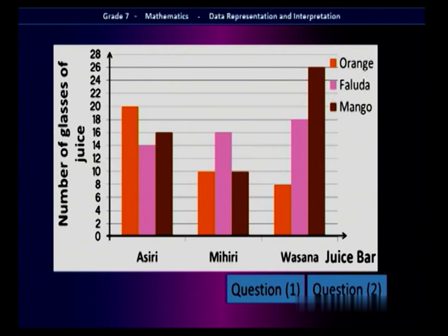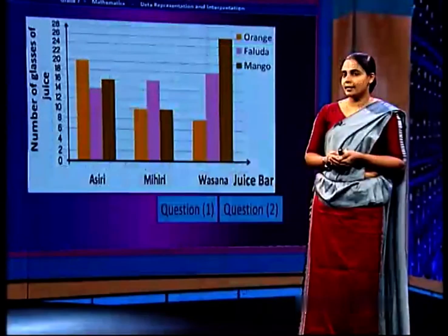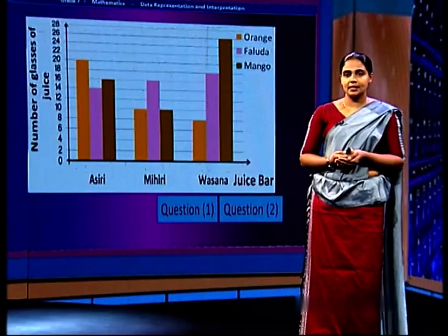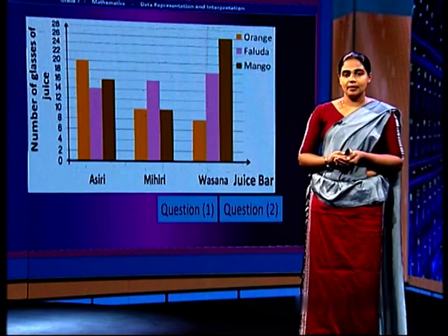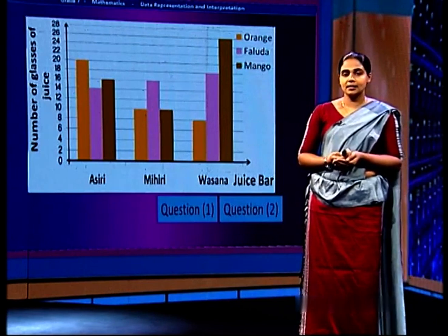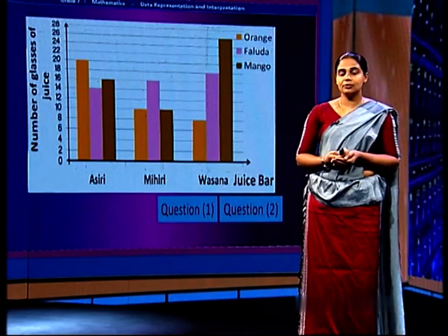Then can you see the key? What is the key? I used 3 colors. For orange, orange color. For Faluda, it is purple color. For mango juice, it is brown color. Then I think you can read it. It is very easy. In Asiri shop, what is the number of glasses for orange juice?